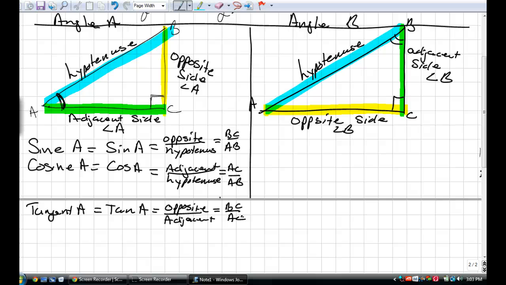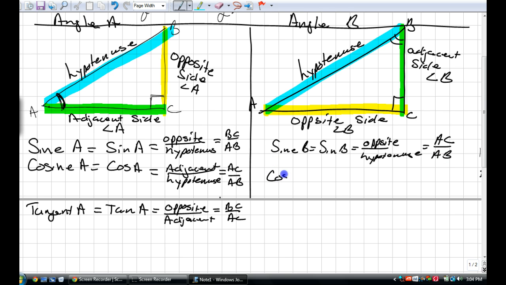Now going to angle B. Sine of B is again the opposite over the hypotenuse. So in this case, it's going to be AC over AB. The cosine of angle B is going to be the adjacent over the hypotenuse.